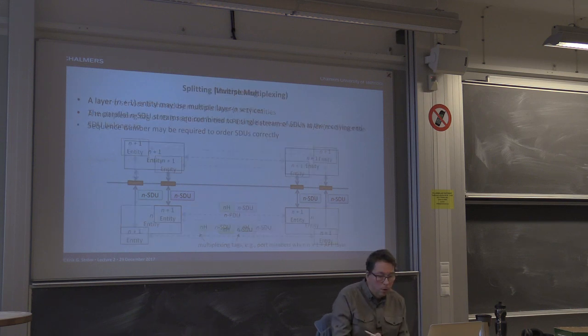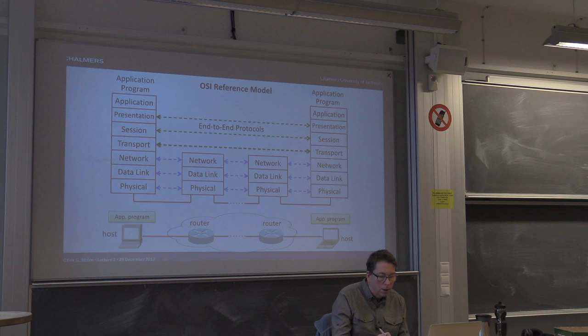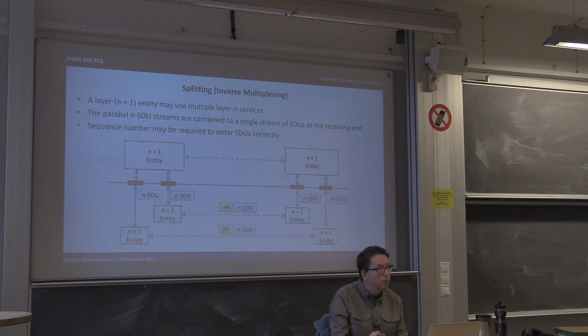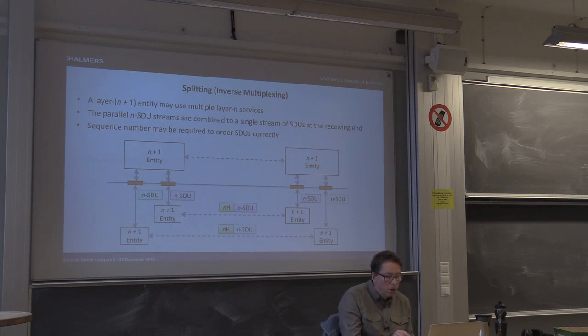No. Let's see. Okay, let's do one more before the break. Splitting is the inverse of multiplexing. So a layer n+1 entity may use several layer n services. And this could be useful.